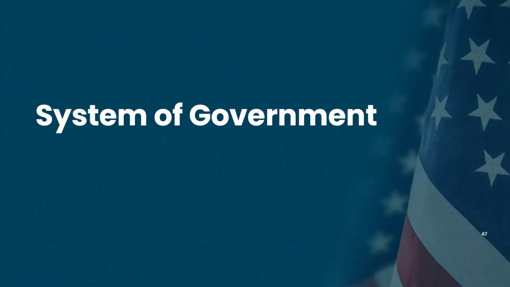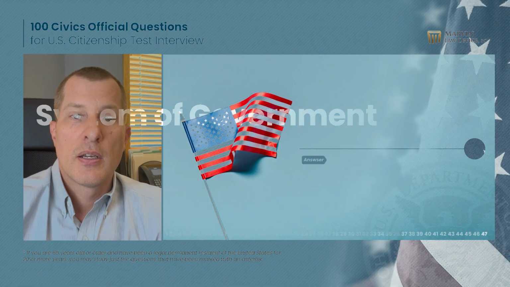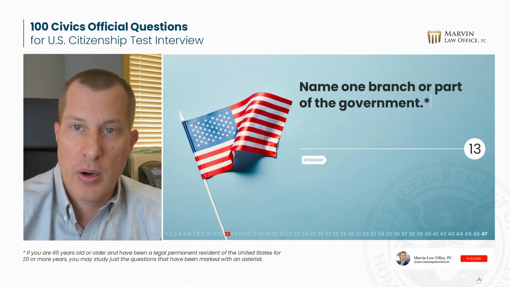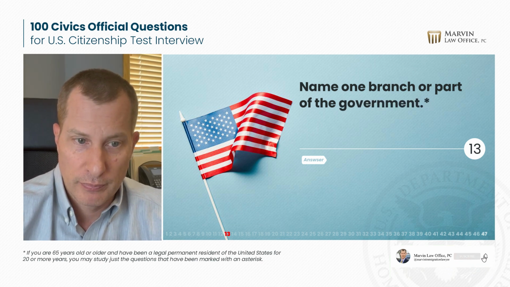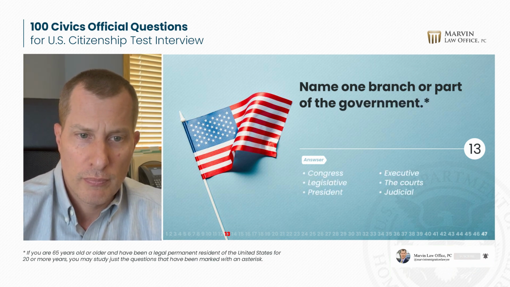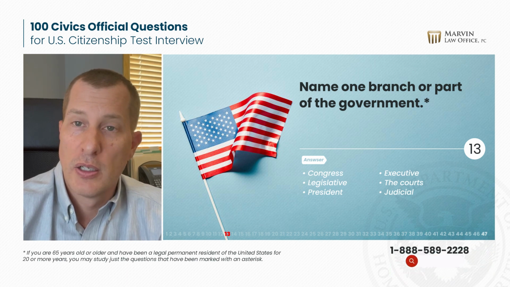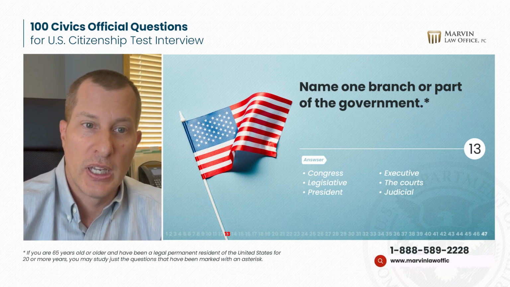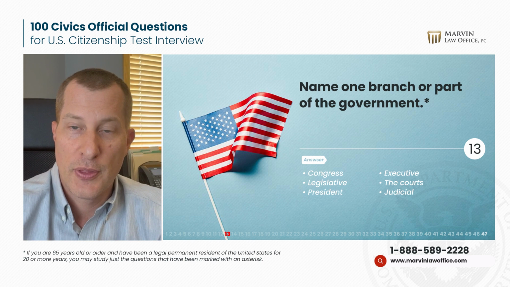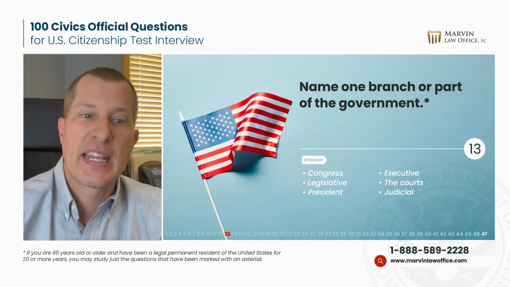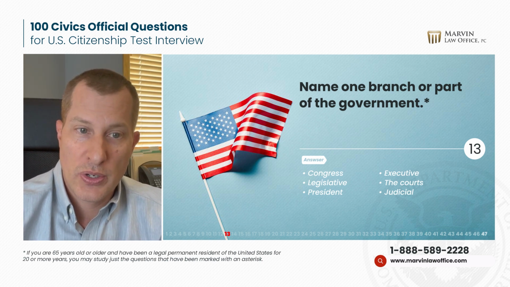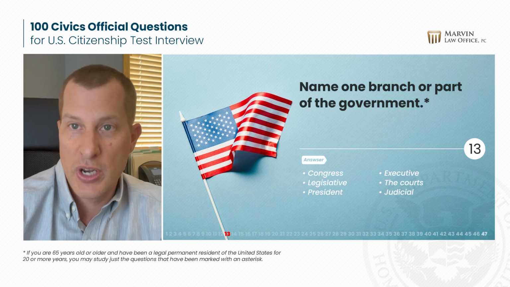So this next section is about the system of government. Name one branch or part of the government. Choices are Congress, the legislative branch, the president, the executive branch, the court system, or the judicial branch.